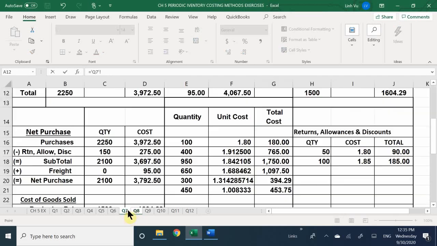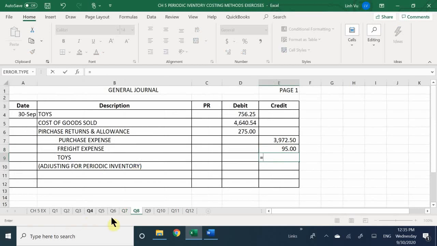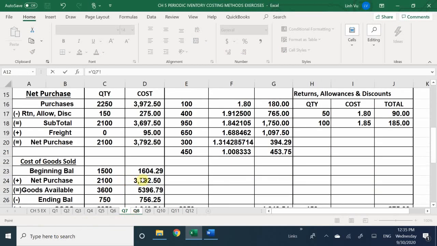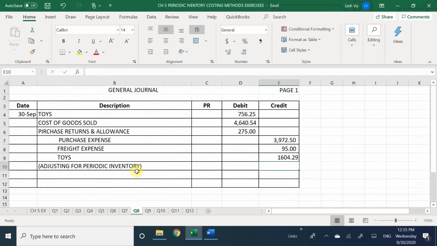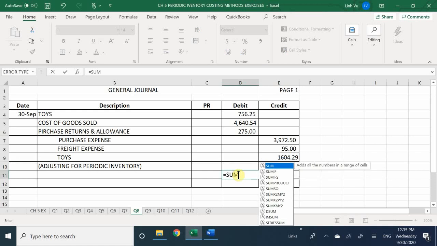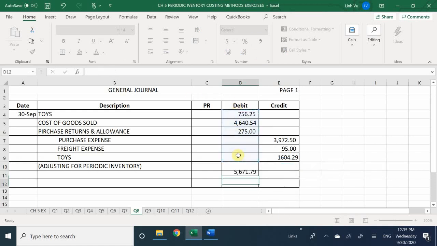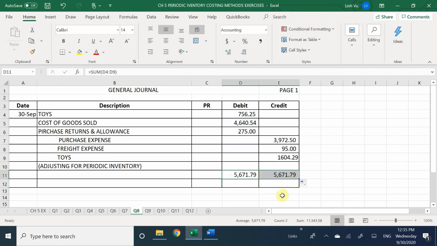We had our total freight to be $95, and lastly, we did have a beginning inventory of $1,604.29, and if we tally up our debits and credits, we get $5,671, which on our debit side is also $5,671. So they are even.